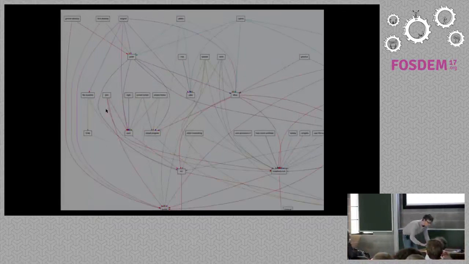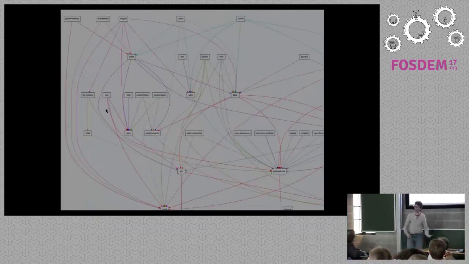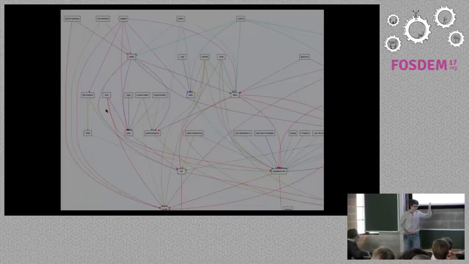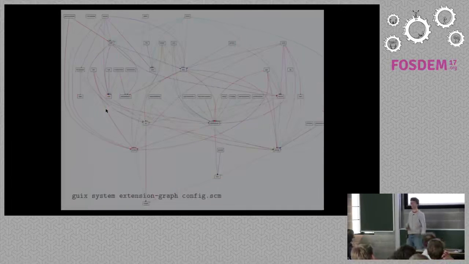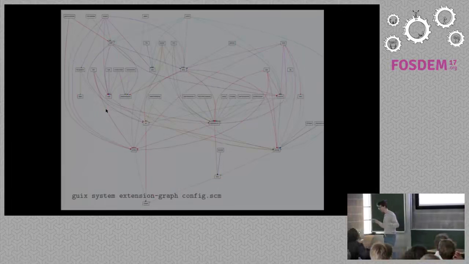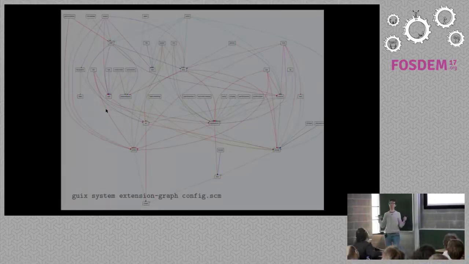Obviously you have to zoom in to get a feel of what's going on, but essentially we see GNOME extending Polkit, and Polkit is doing a thing with udev and whatever. Well, the details don't really matter here. It's just to show that we have a well-defined structure of services and service extensions, and we can visualize it. That's the story.